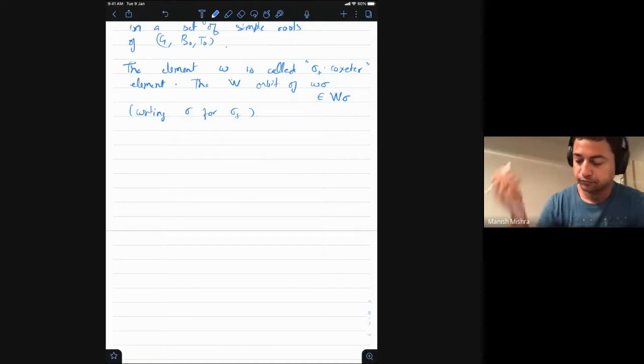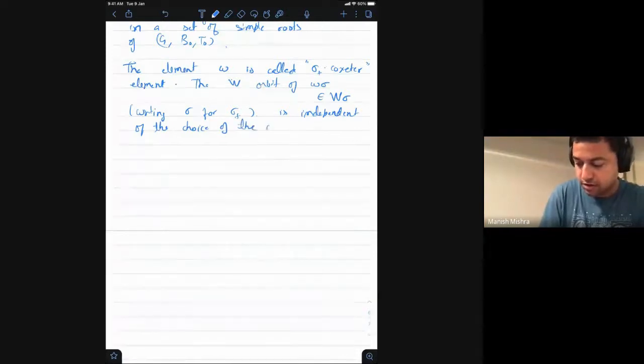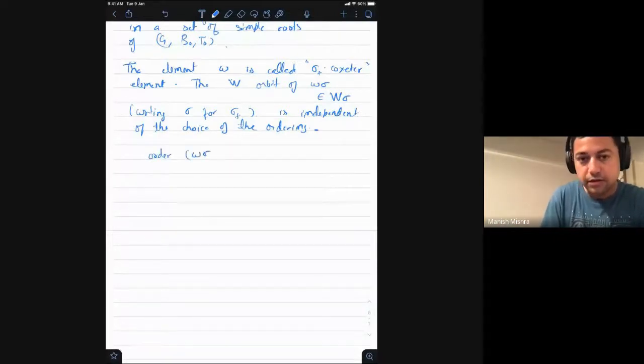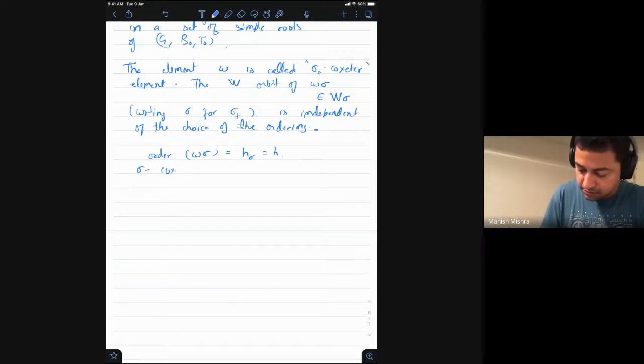is independent of the choice of the ordering of the simple roots. And the order of omega sigma, which we denote by h sigma, or simply by h since we keep sigma fixed, is called the sigma Coxeter number.